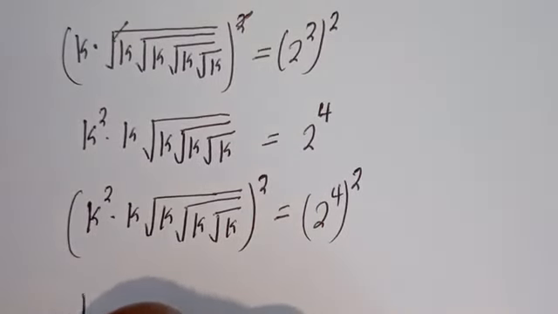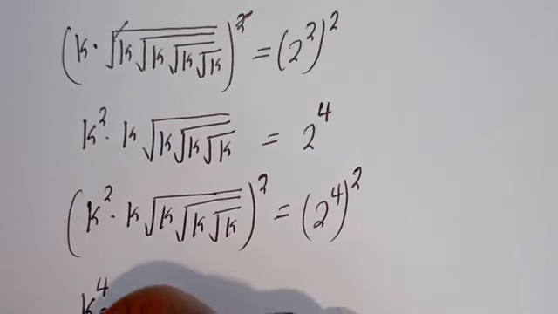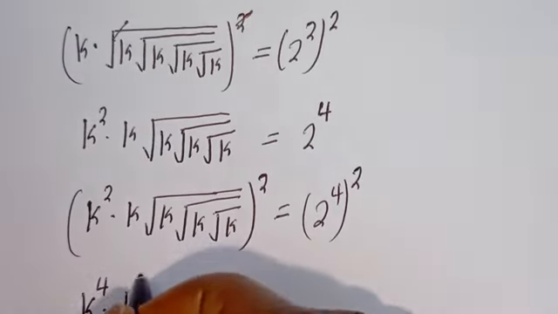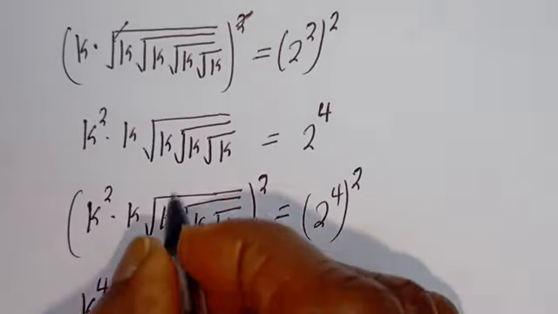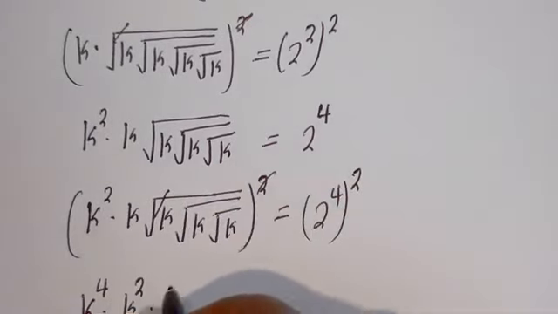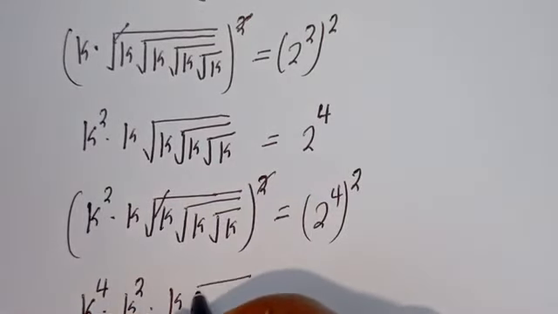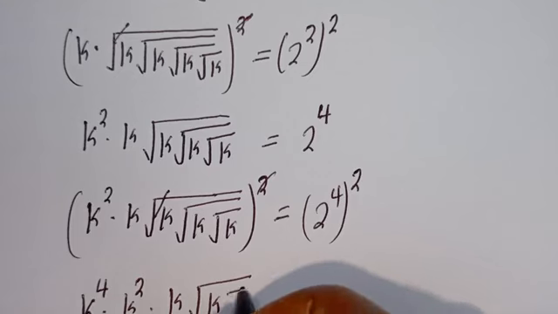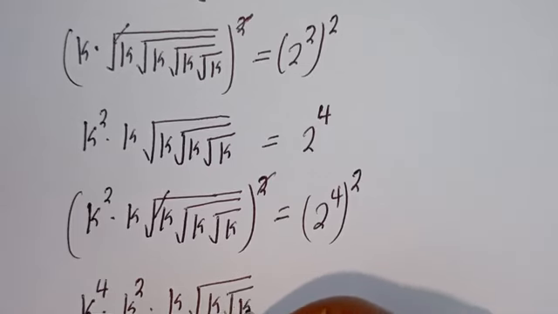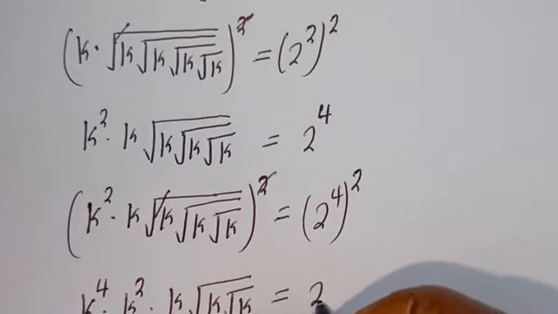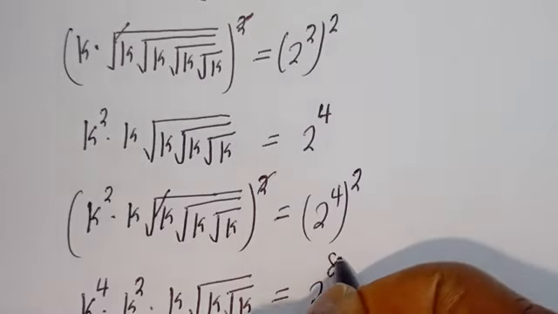Then this is k to the power of 4 multiplied by k squared multiplied by this, we cancel this, k times the square root of k times the square root of k is equal to 2 to the power of 4 times 2, that is 8.